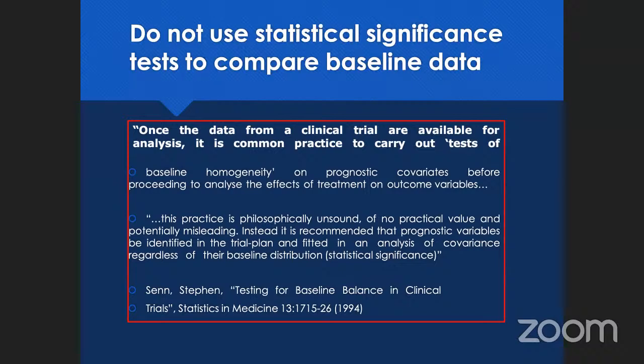Once the data from the clinical trials are available for analysis, it is a common practice to carry out tests of baseline homogeneity on prognostic covariates before proceeding to analyzing the effect of the treatment on the outcome variables.